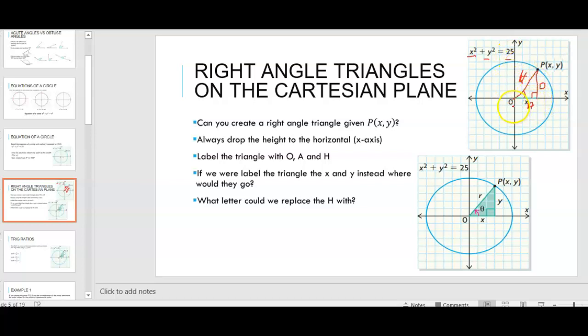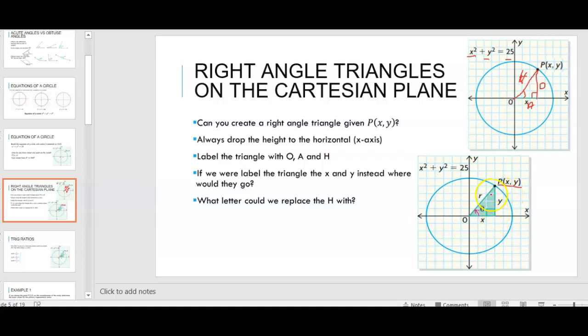In general, this height here is the y value of the point P, so instead of opposite we can write y. Okay, so we're substituting the coordinates and the information that we have from the circle and the point P on that circle.